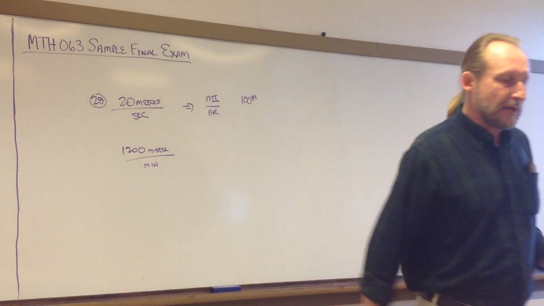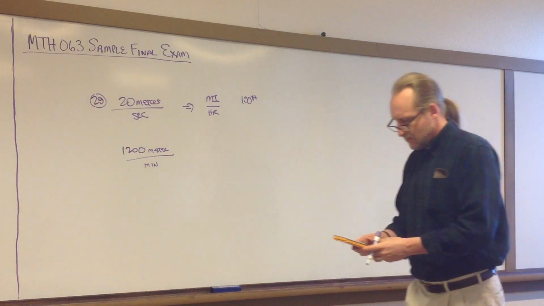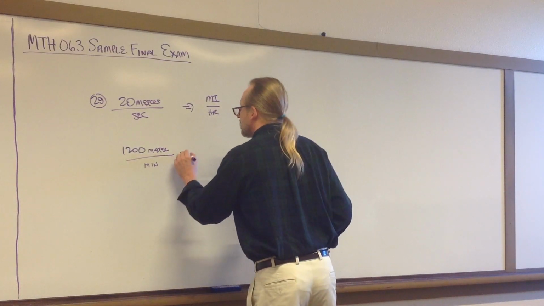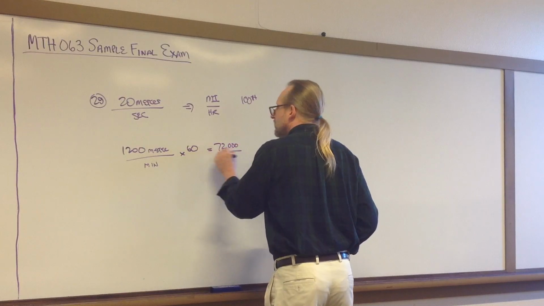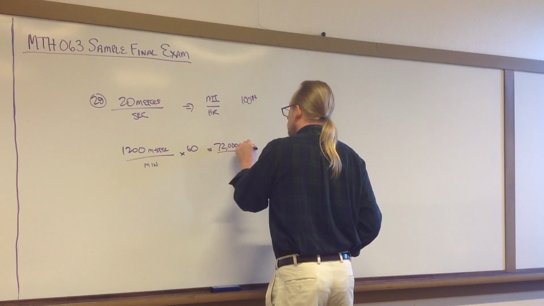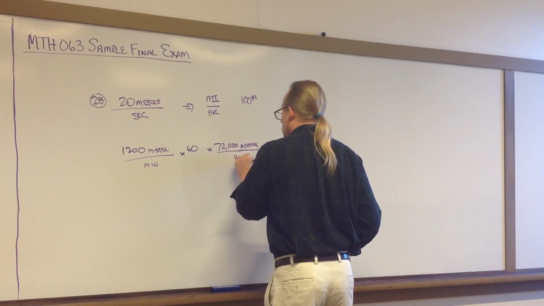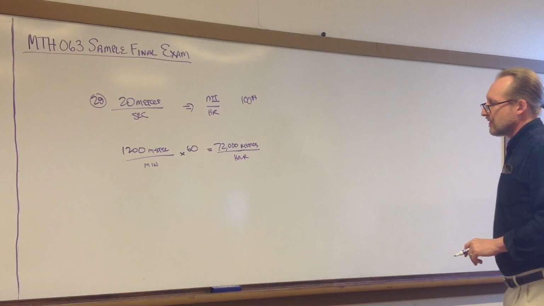And then if we multiply by another 60, I think it's going to be 72,000. Let's see, 1,200 times 60, yeah, 72,000 meters per hour.